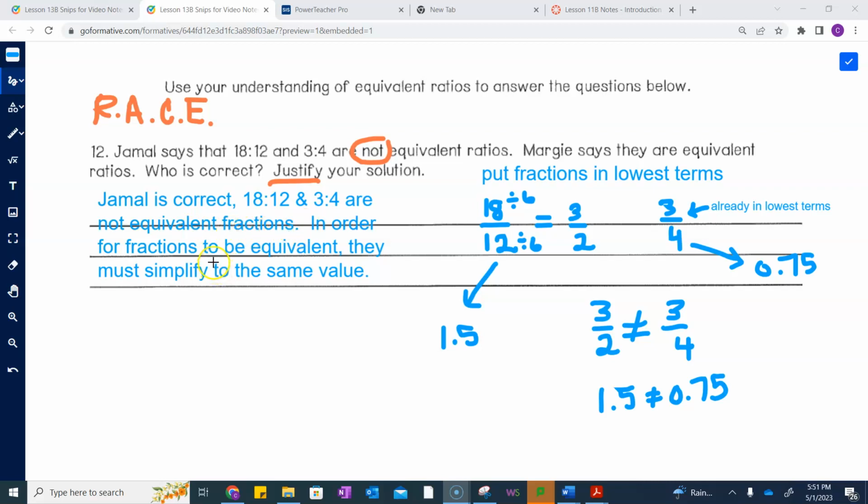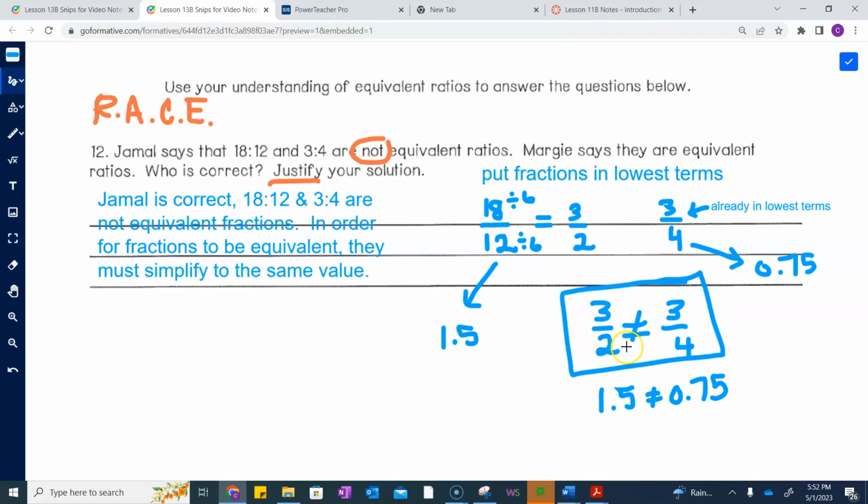In order for fractions to be equivalent, this is your justify, they must have the same simplified value. So when you're looking at these right here, this supports your justify. You show that the fraction 18/12 in lowest terms is 3/2, or 1.5 as a decimal, and 3/4 is already in lowest terms, and 3/2 does not match 3/4.